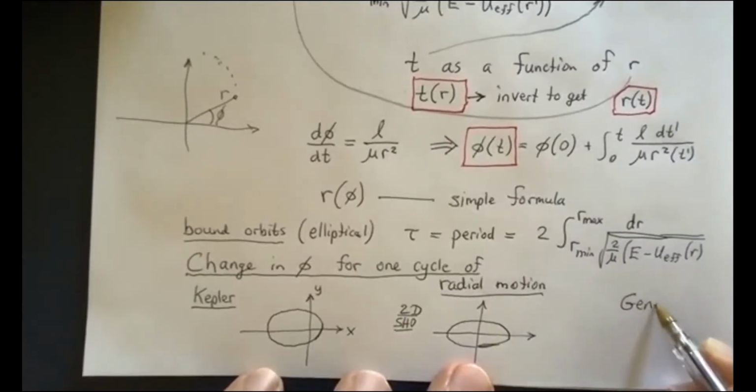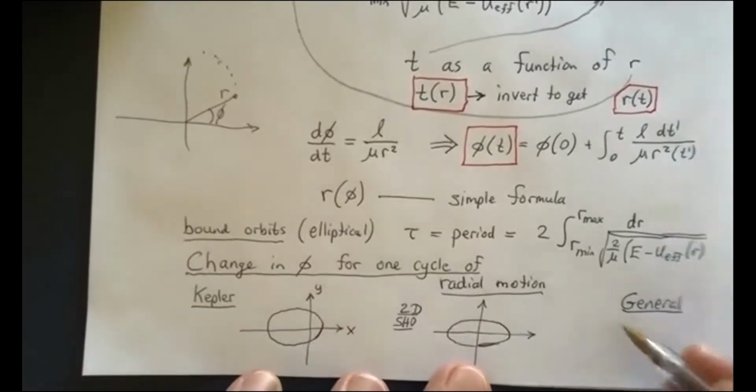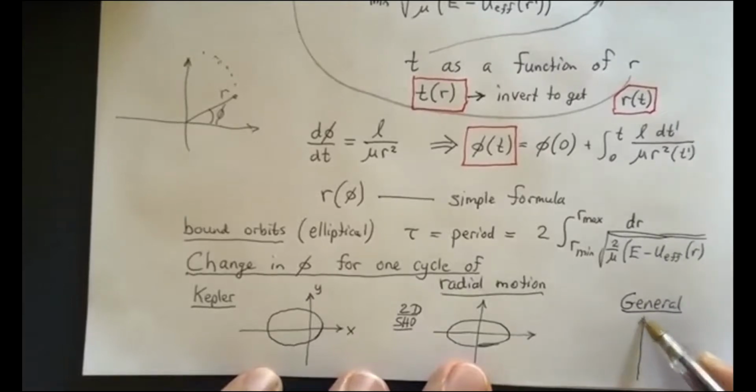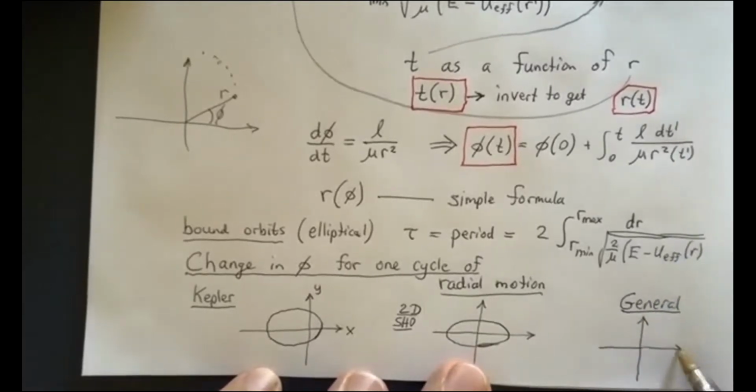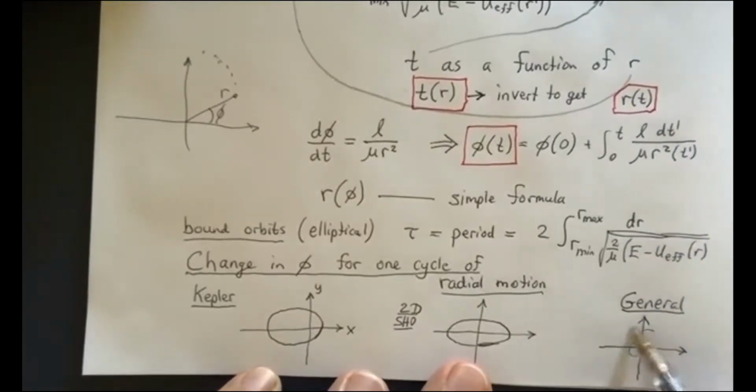Okay, and the general case looks like this. The point here, in general, orbits do not close. These are both very special states of affairs. Here's the general case. You have oscillatory motion for the radial problem, right? And so in general, it kind of goes like this.